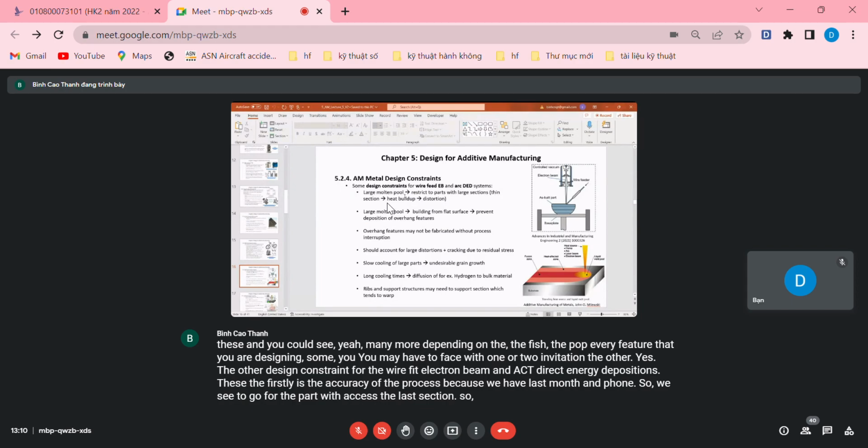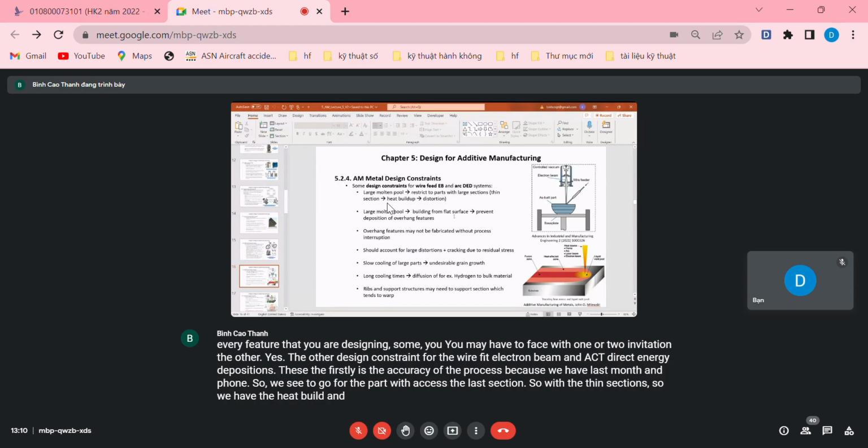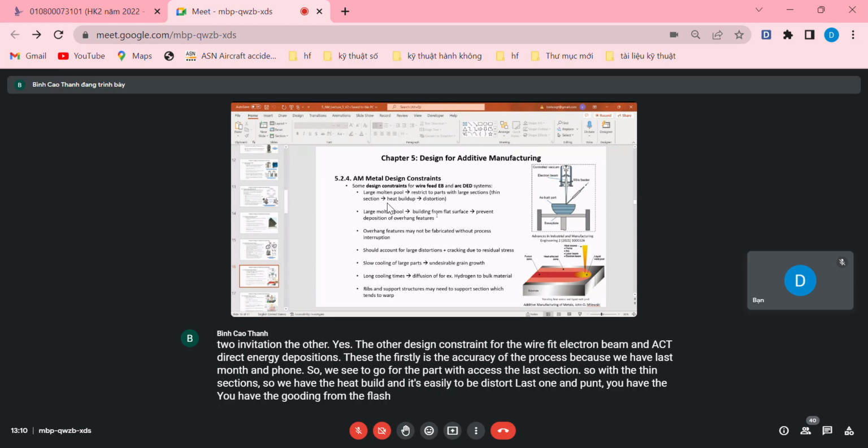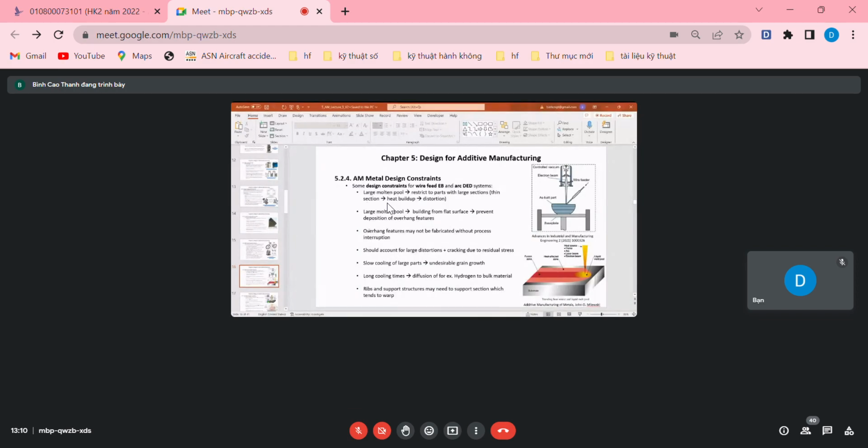With thin sections, we have heat buildup and it's easily distorted. With a large molten pool, you build from a flat surface, and overhang features may not be fabricated without process interruption. Just be careful, because we have a large molten pool.